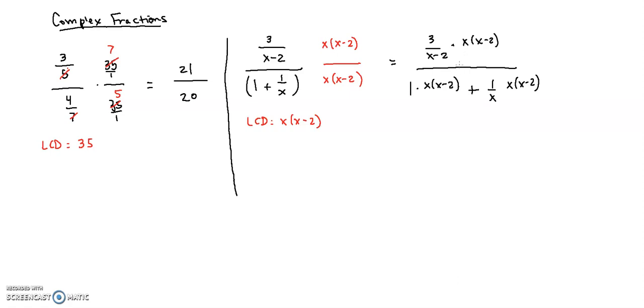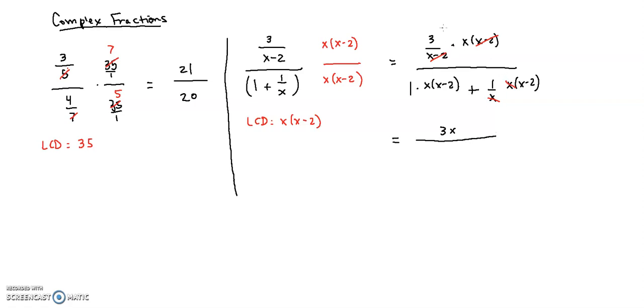Now let's go through and cancel and see what we have left. On the top, we've got x minus 2 on the top and x minus 2 on the bottom. Those are going to cancel. Here there's no denominator, so we're just going to multiply that out. And here we've got x and x, so those are going to cancel. On the top, we're just left with 3x.